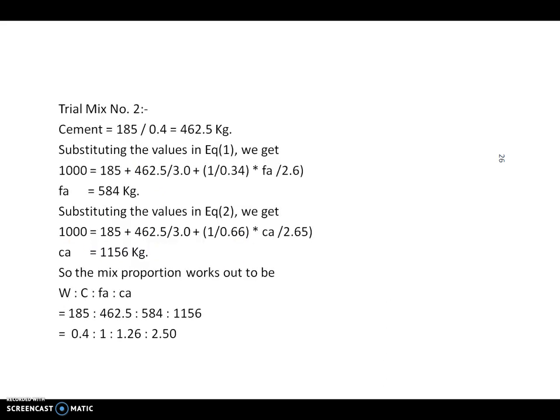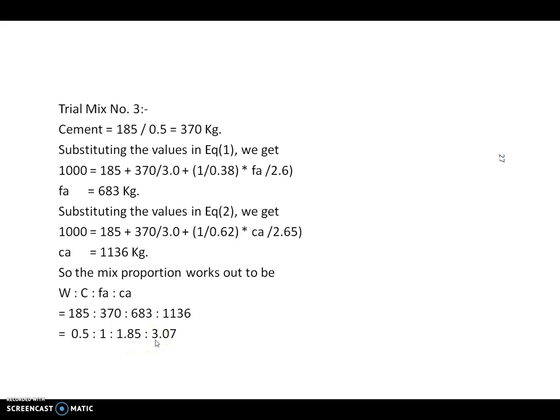Same way we can take the second trial and calculate the values, and we can calculate the ratio 0.4 is to 1 is to 1.26 is to 2.50.